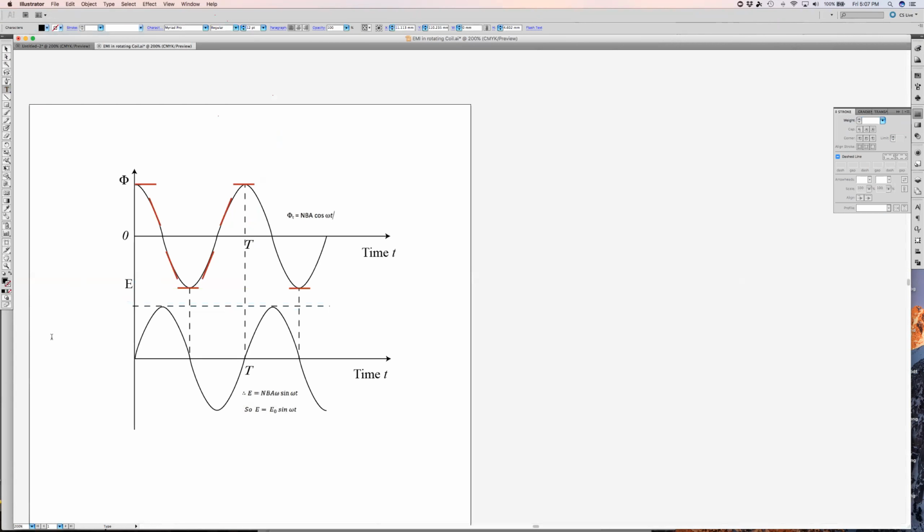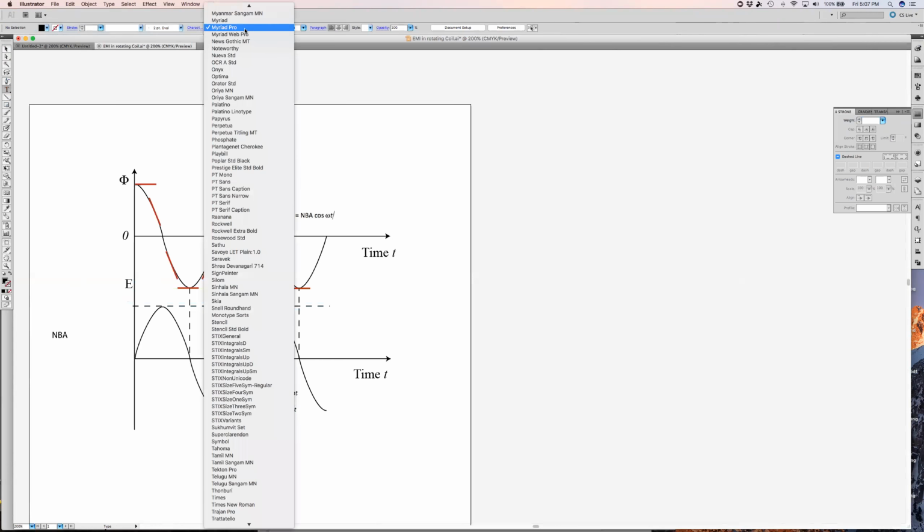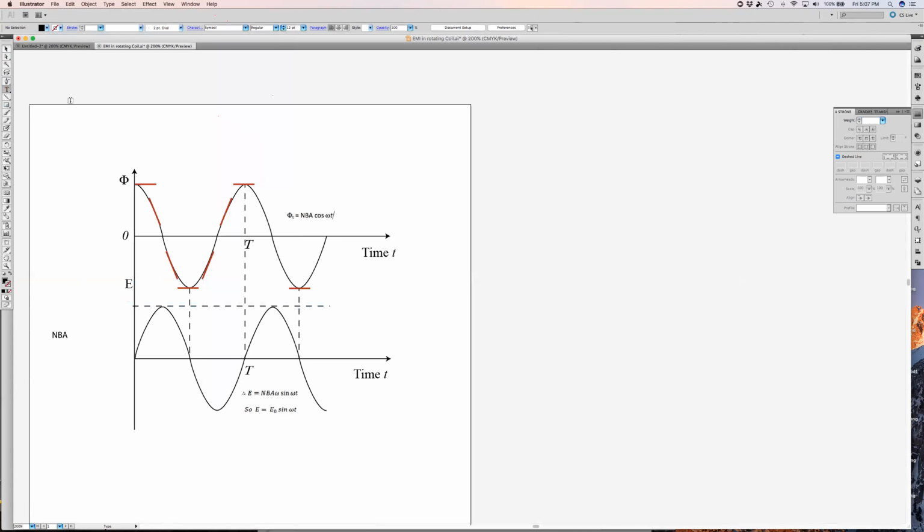NBA omega. To get omega, we have to change the font to symbol. And omega is right there.